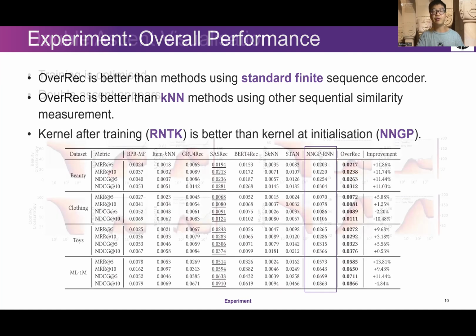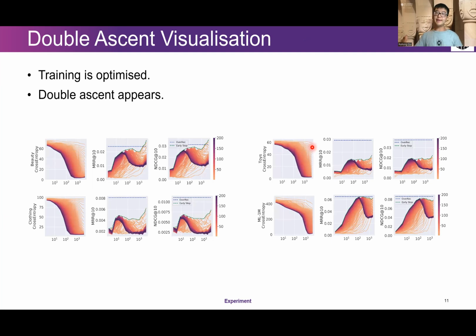And we also do a visualization of this double ascent. Firstly, we can see that on the left, we have 4 data sets here. From their first figure, it's the training loss. We can see that for every model with different complexities, different model size, the horizontal axis here means the model size.